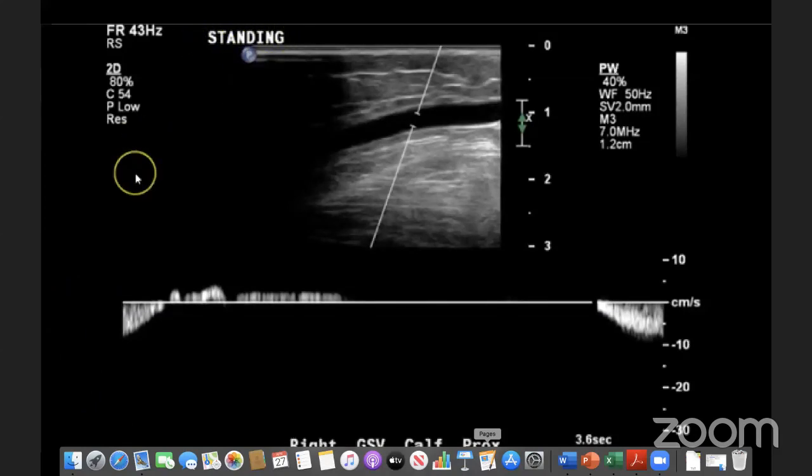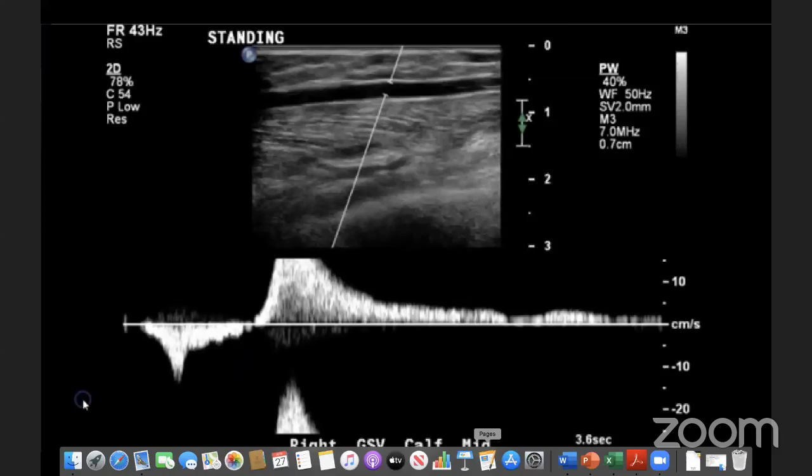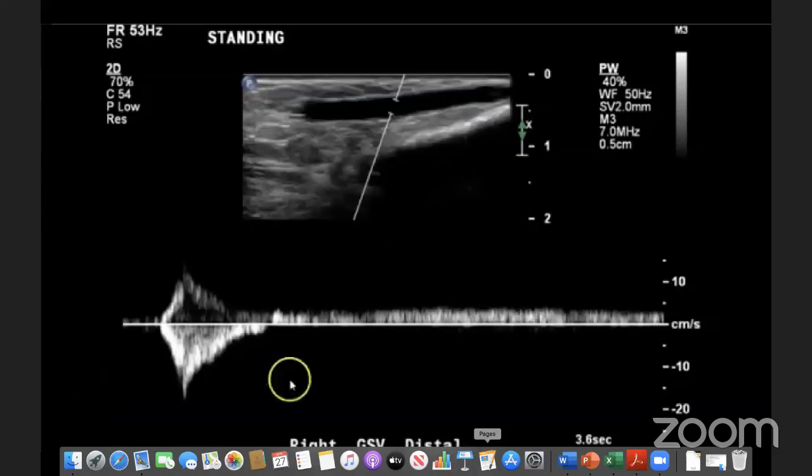So once the sonographer stands the patient, it invokes a reflux signal. As you see here at mid-calf and distal calf, there's a great deal of reflux occurring in the great saphenous. So knowing that the person likely had varicose veins, mainly in the calf, the sonographer chose to stand the person. And now with provocative maneuvers employed while standing, reflux is identified.